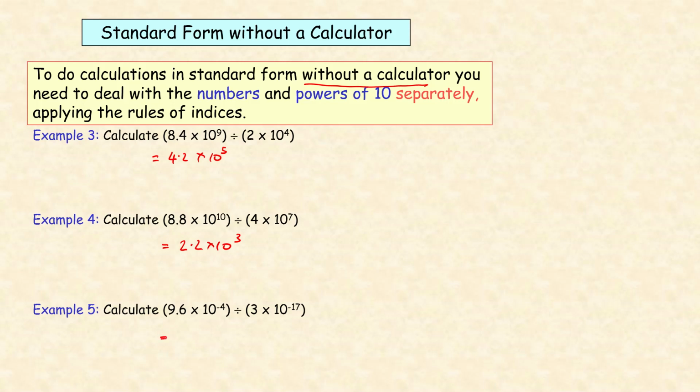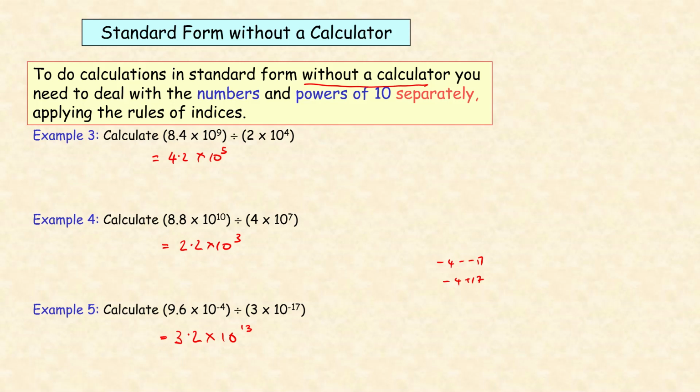So again, we divide the numbers first. 9.6 divided by 3 is going to be 3.2 times 10 to the power of minus 4 minus minus 17. You've got to be careful with those. Minus 4 minus minus 17. It's like the first question in the starter, that becomes a plus. Minus 4 plus 17, and minus 4 plus 17 is 13. Okay, good.